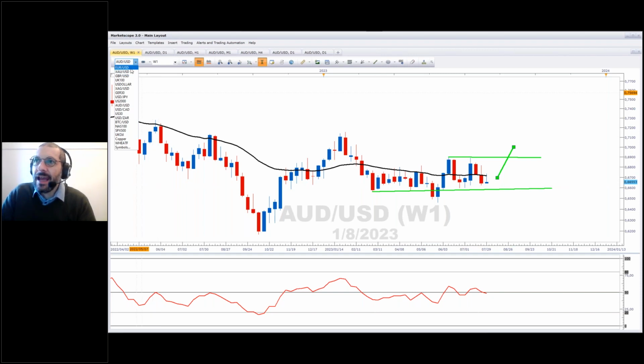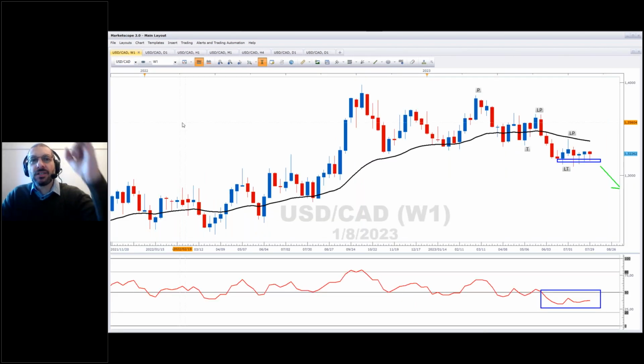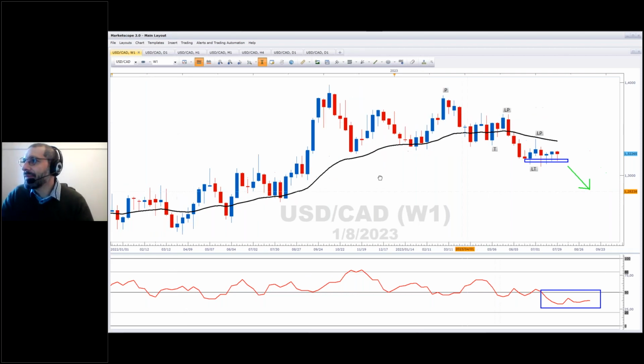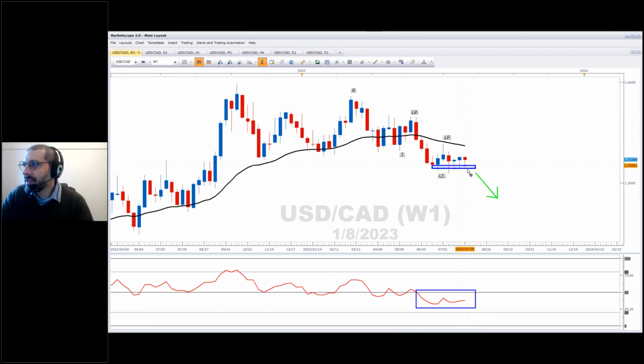If we take a look at the loonie, US dollar loonie, if the US dollar is coming down, if commodities are starting to push up, I would expect the US dollar Canadian to be moving in that southeasterly direction. In other words, US dollar depreciating versus the Canadian dollar.